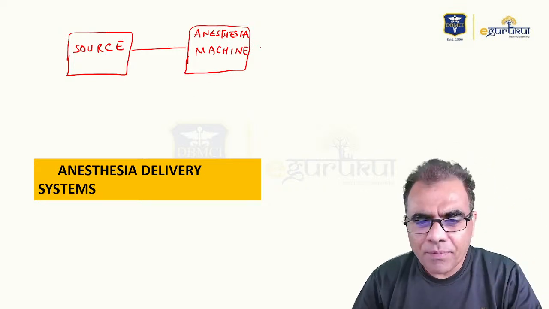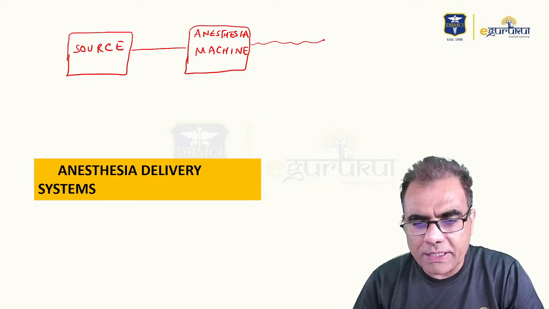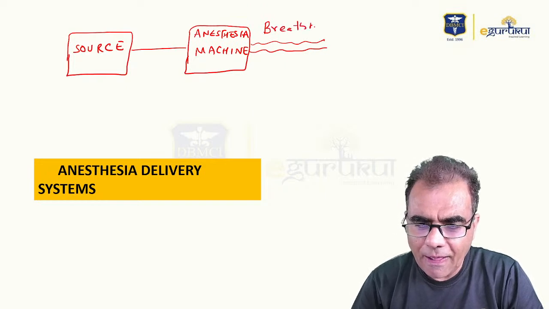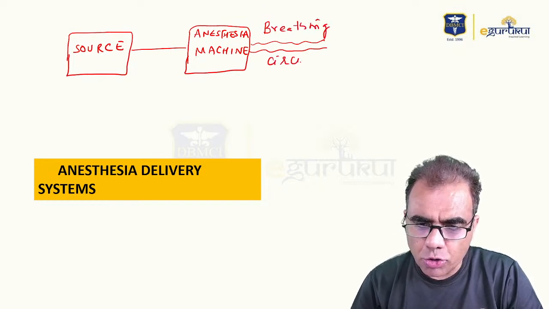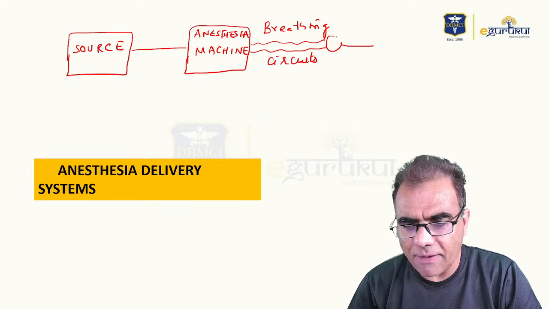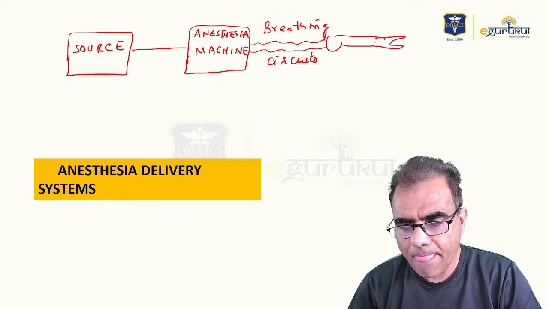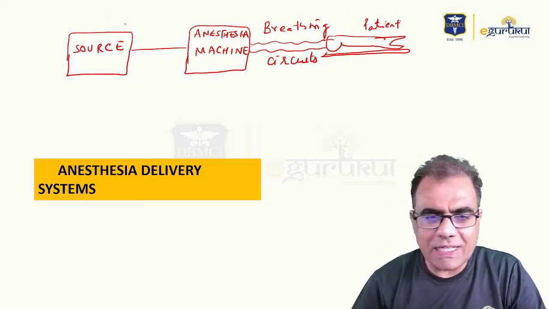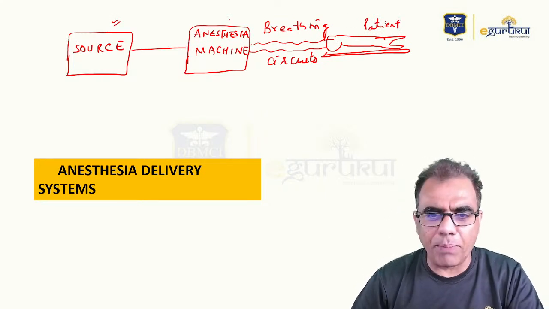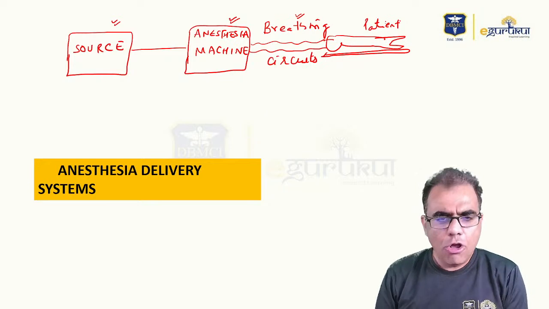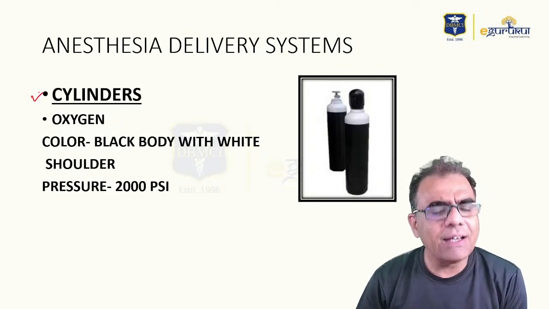After processing, these gases go through tubings which are called breathing circuits. Through these breathing circuits, gases reach the patient. So first we'll see the sources, then what actually happens in the anesthesia machine, and then the breathing systems.